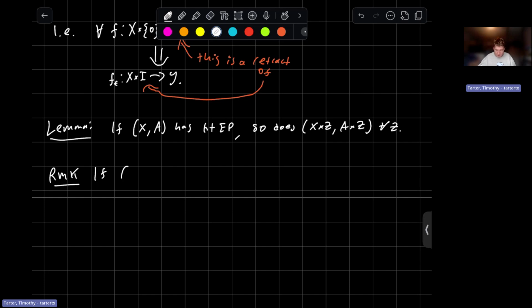If (X, A) has the homotopy extension property, A must be a closed subspace of X. I'll clarify that: closed subspace of X if X is Hausdorff.